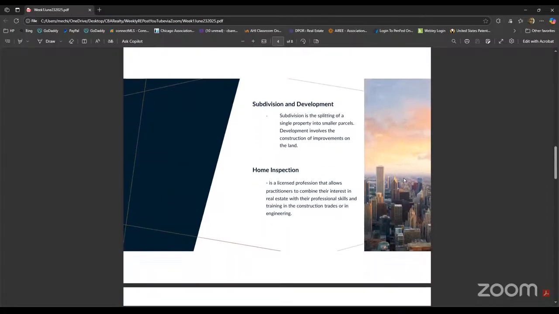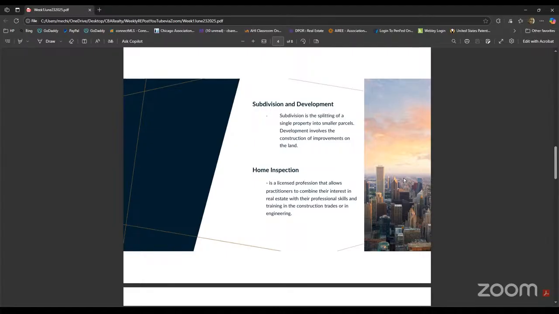Subdivision and development. Remember, we're talking about the specialties, the professions in the real estate business. Subdivision is the splitting of a single property into smaller parcels. Development involves the construction of improvements on the land. And that improvement, of course, you guessed it, would be real estate.